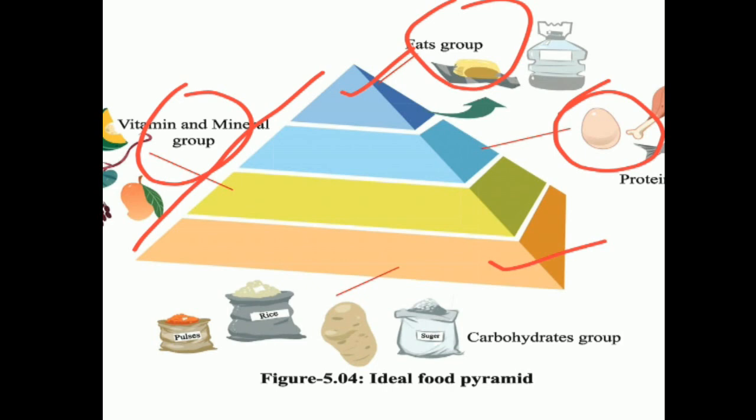In this figure you may notice the highest quantity is at the base, and the lowest quantity is at the apex. We should eat carbohydrate in a large quantity, as the largest level at the base indicates rice, potato, bread, etc. Vegetables and fruits are placed in the next tier.